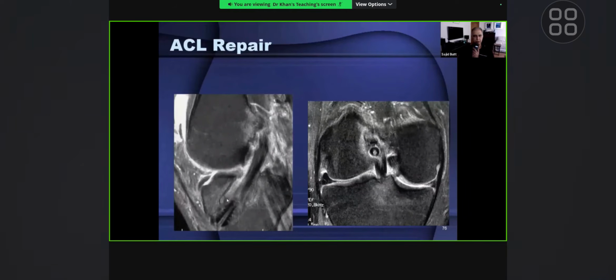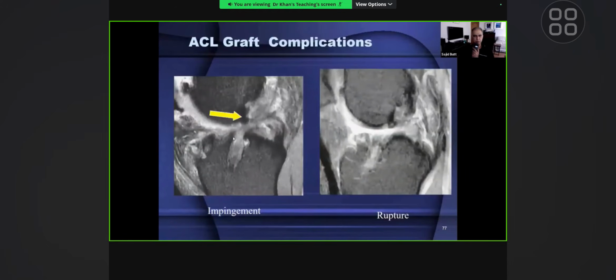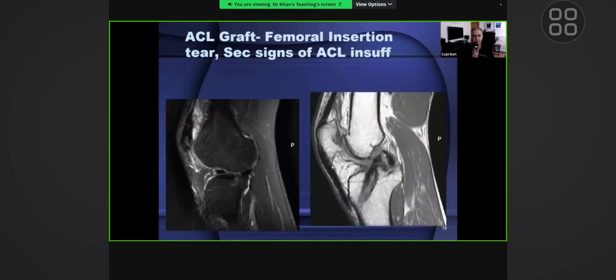So normally it should be parallel like that. And if it's too far to the front, then the ligament fibers will rub against the intercondylar notch and the ligament fibers will disrupt, and it will become an incompetent repair again. When you see that sort of appearance, then all the secondary signs of ACL incompetence will become visible again.